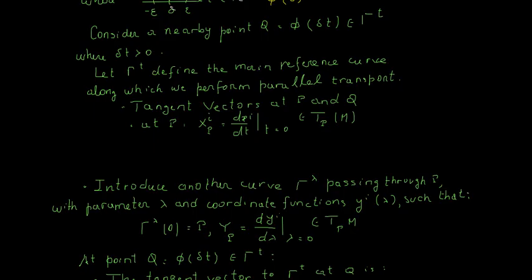Now, attention. To derive the tangent vector, we introduce another curve, gamma of lambda.